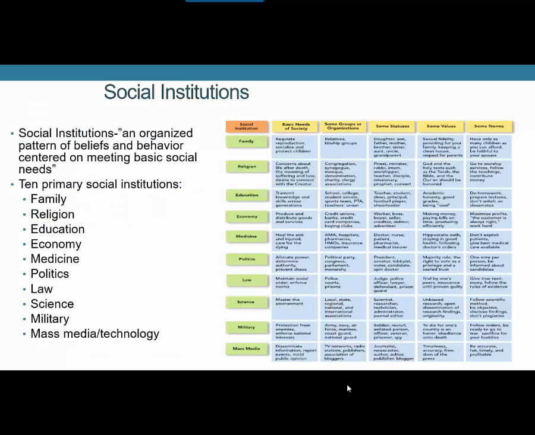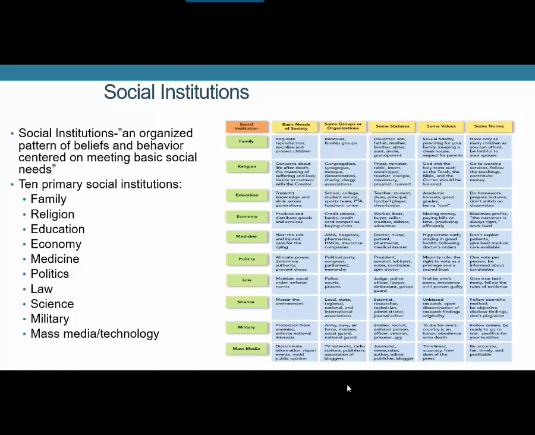And the final element, which I'm sure you're glad we're reaching because this video is getting a little long compared to our others, is social institutions. And you've seen this chart before when we talked about socialization, and that's because social institutions are the agents of socialization that we talked about previously. They're an organized way of meeting basic social needs.